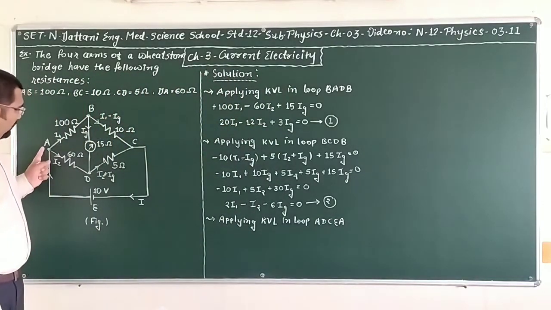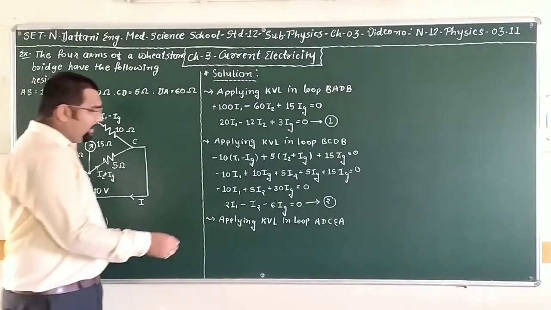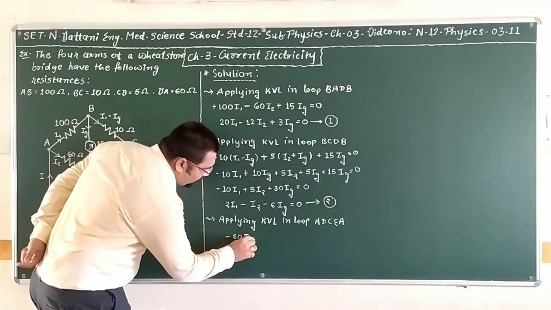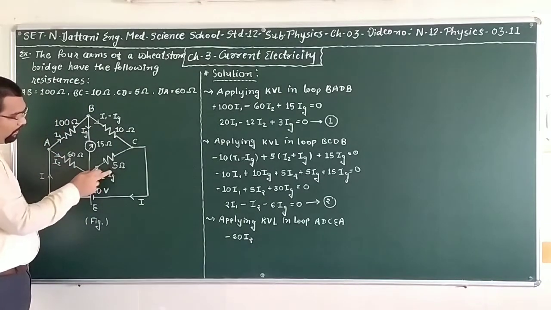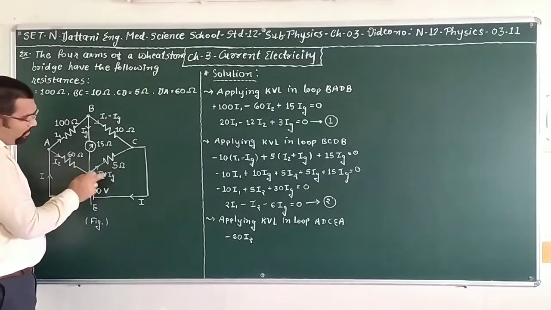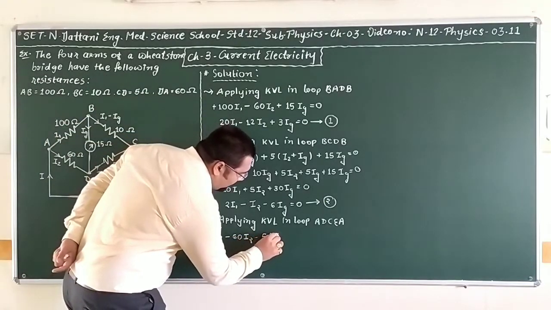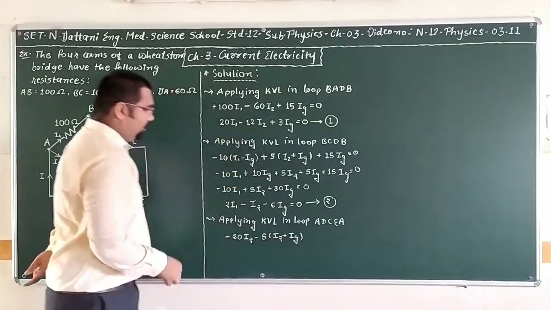So from A to D, the directions are same. I2 into 60, that is minus 60 I2. Here minus 60 I2, here minus 5 into I2 plus Ig.